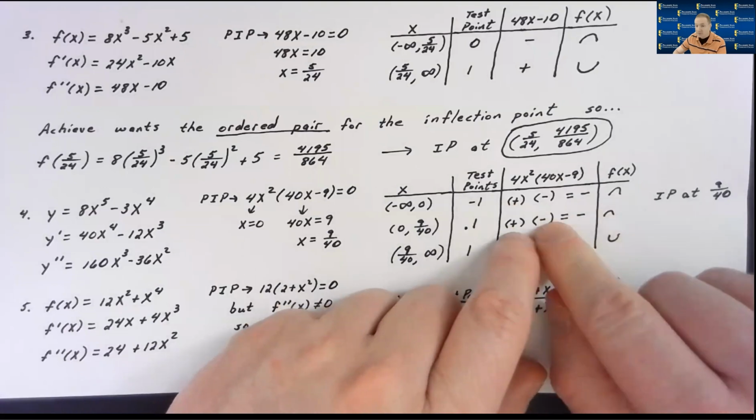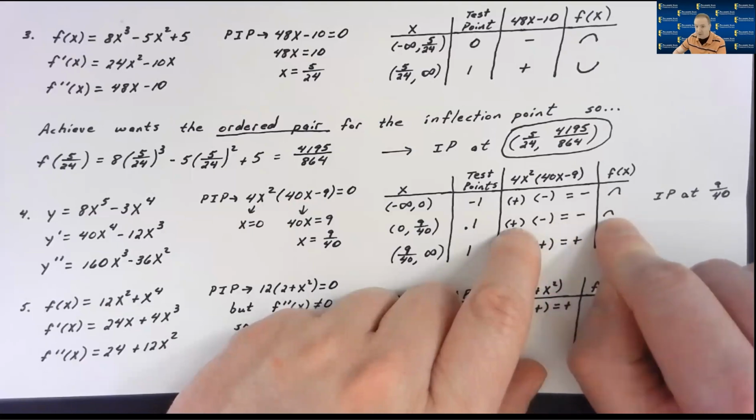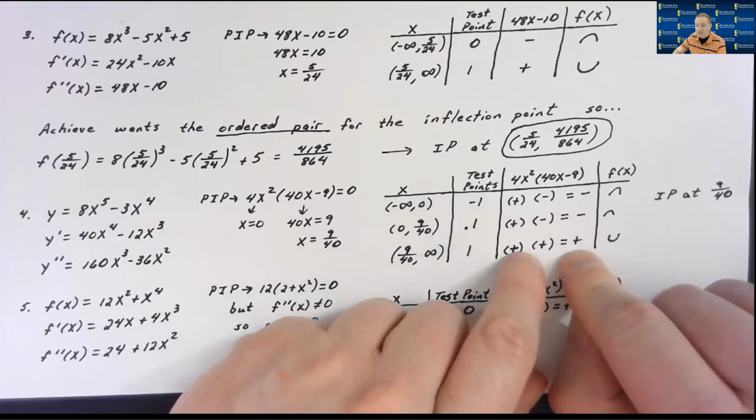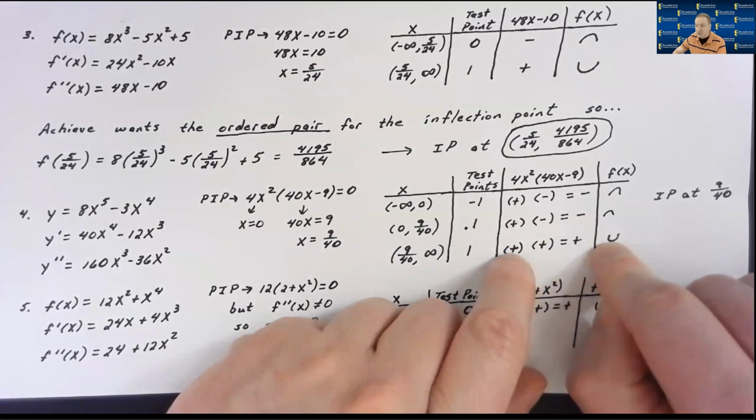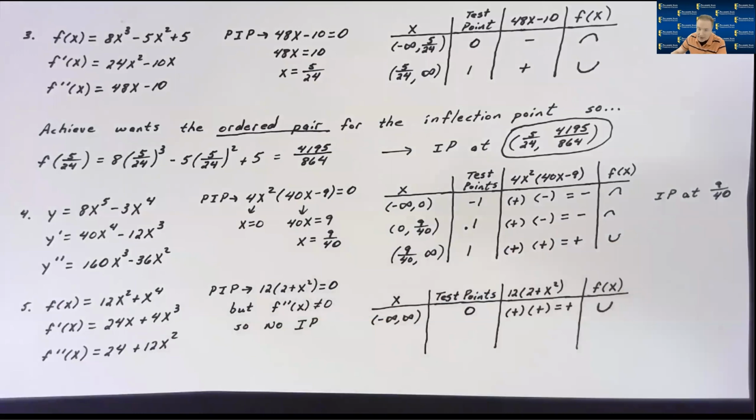In the second region, we still have a positive times a negative. So my graph did not change concavity. My curve is still concave down. And then in the third region, your second derivative is positive, which means your original function is concave up.